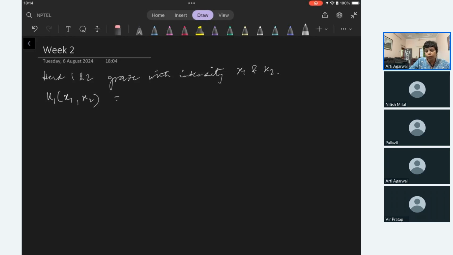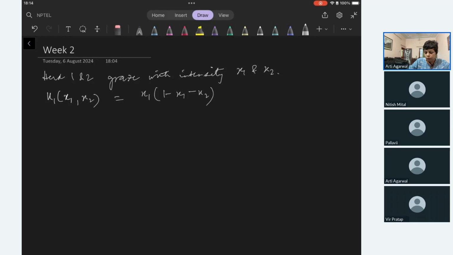And this will be what? x1 into (1 minus x1 minus x2), because x1 is the amount which in one period the first herd has grazed, and x2 is the amount the second herd has grazed, and none of these can be more than 1, of course. 1 minus x1 minus x2 is what is remaining, and in proportion to their intensity, whatever is remaining gives you the benefit.